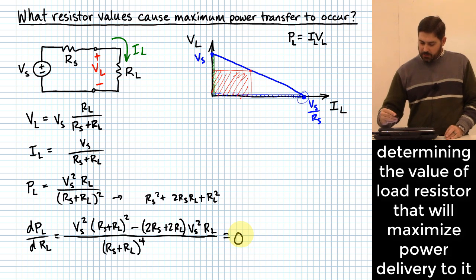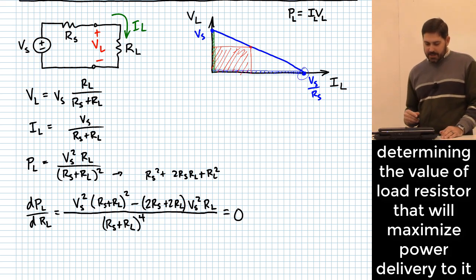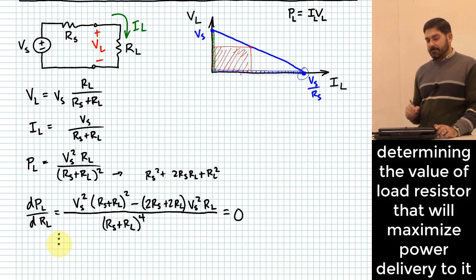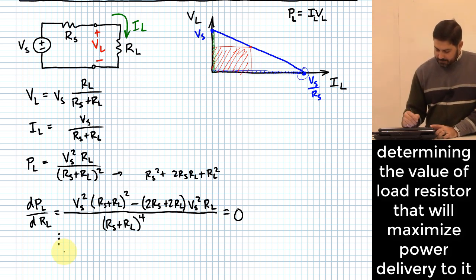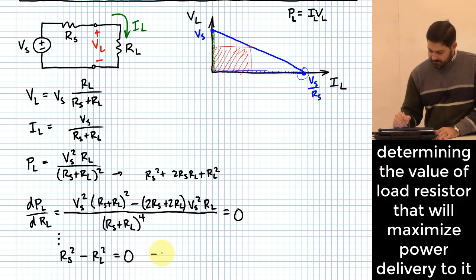Tell you what, I want to save a little bit of time here. So I'm going to take a page from one of my previous professors, Dr. Lee, and say after many dot. Okay. What we end up with is an expression that says RS squared minus RL squared has to be equal to 0. What does this say?